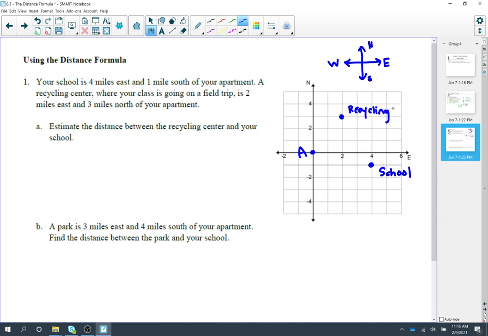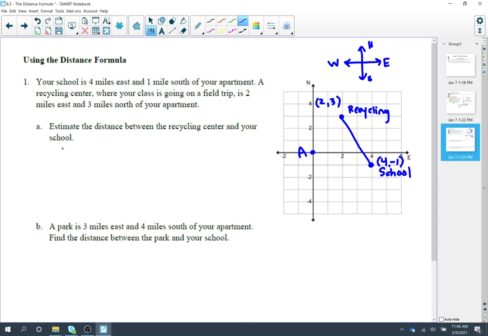Then for part A, it says estimate the distance between the recycling center and your school. So we're trying to find this distance. If I look at that, this point up here for our recycling center is at 2, 3. My school is at 4, negative 1.